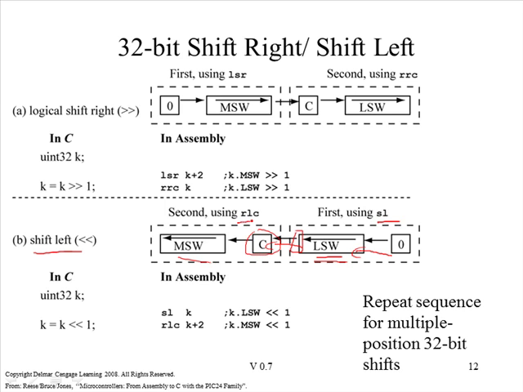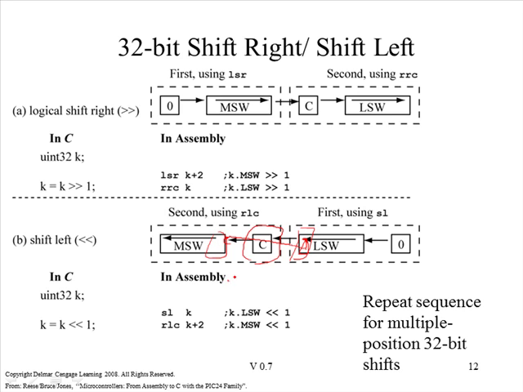We'll then do a rotate left with carry instruction, which will rotate this carry into the least significant bit of the most significant word, and this most significant bit here will then rotate into the carry flag. Again, the key component of these two instruction sequences is that the carry flag is used to carry the most significant bit of the least significant word into the least significant bit of the most significant word.